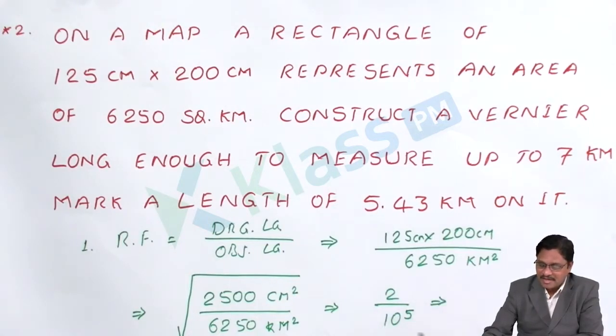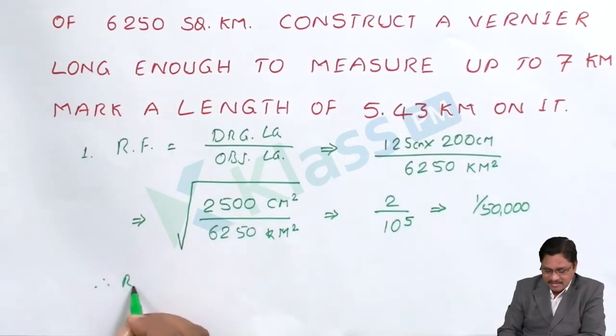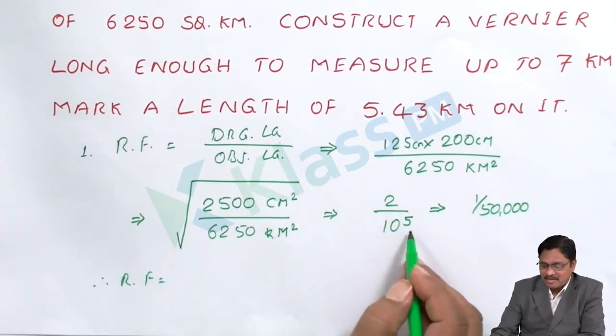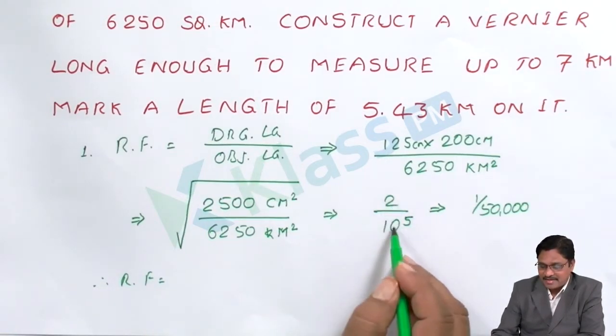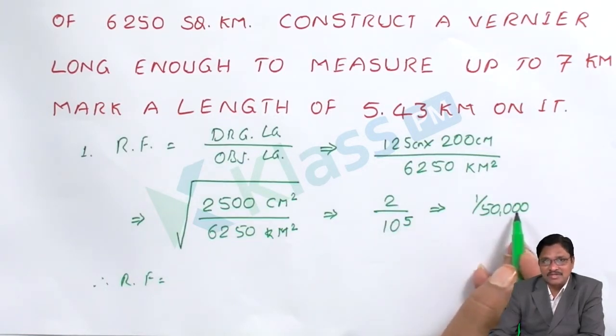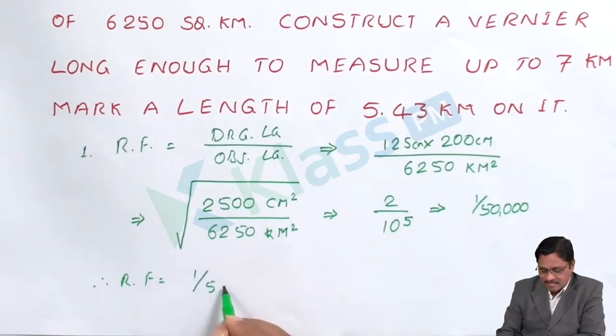That becomes, if we calculate, 1 by 50,000. So I can just write the RF value directly. RF I can get, 2 by 10 to the power of 1, it gets us 5 and after 5, 4 zeros. After 5, 4 zeros, we are getting 50,000. So RF I can write as 1 by 50,000.